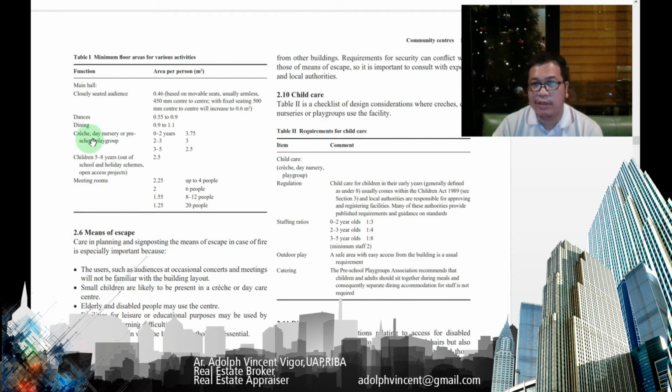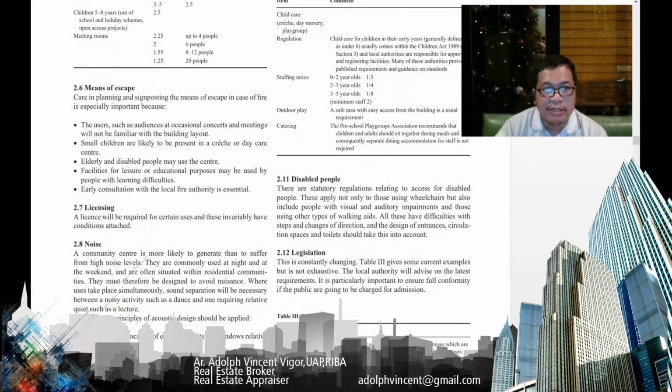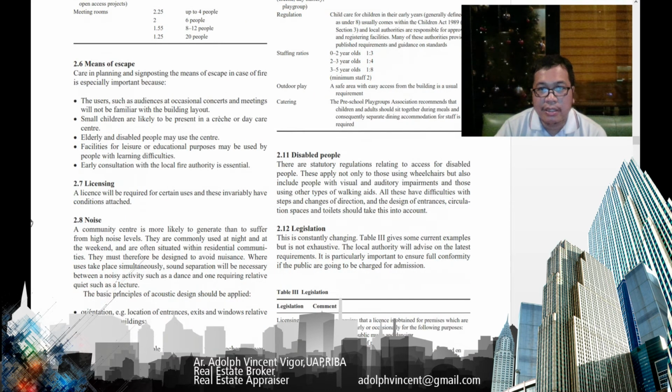I won't discuss them here because some of the standards are quite different from PD 1096, but there might be some similarities. Okay, for disabled people, I hope that you did research on BP 344.